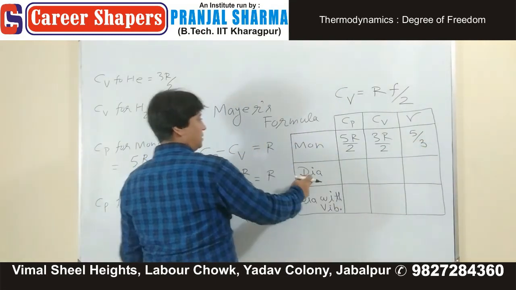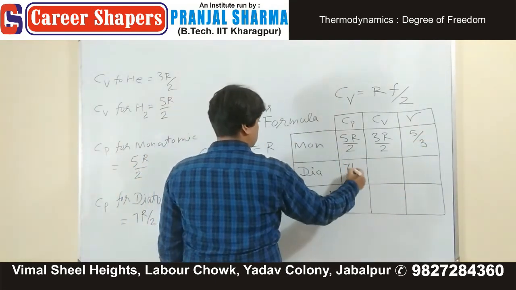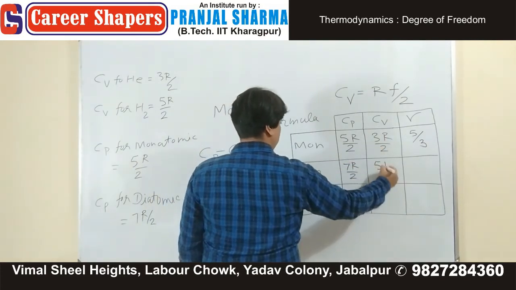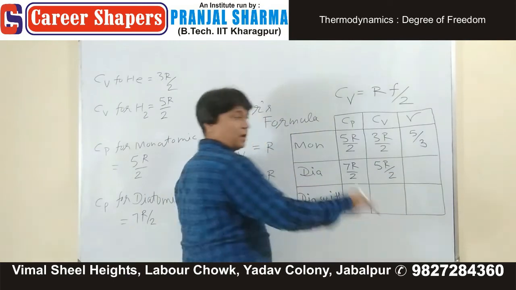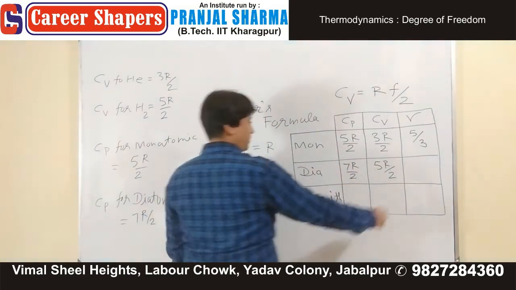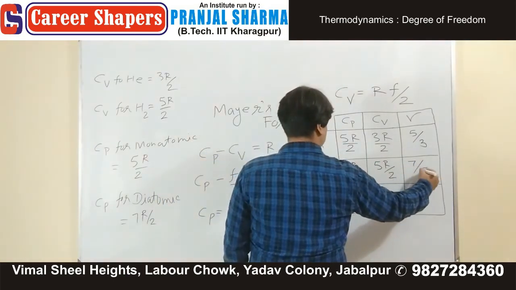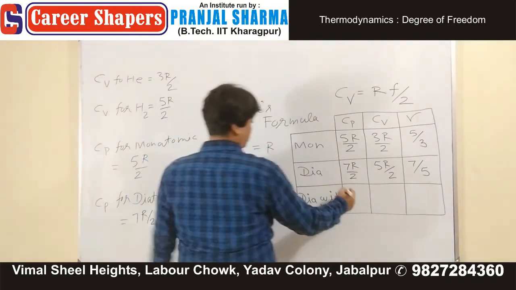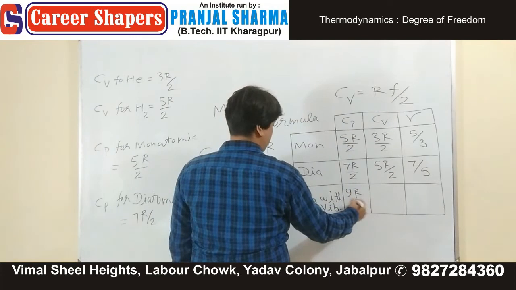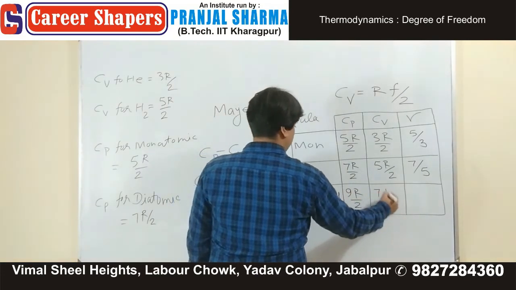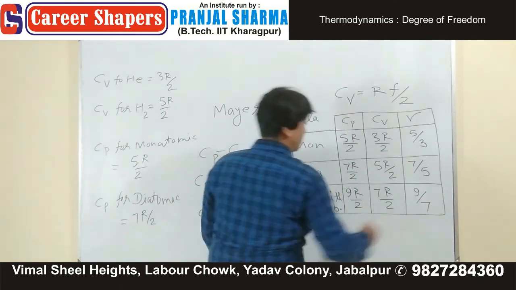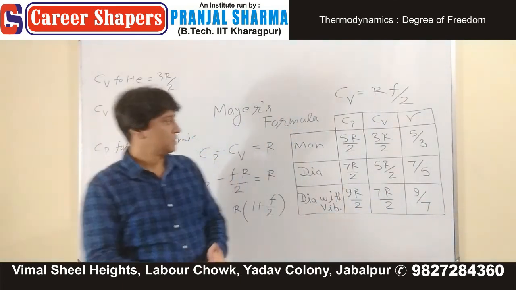For dia, Cp is 7R by 2, Cv is 5R by 2, and gamma is Cp upon Cv, 7 by 5. For dia with vibrations, put the value and you will find it's coming 9R by 2, 7R by 2, and this is your 9 by 7.